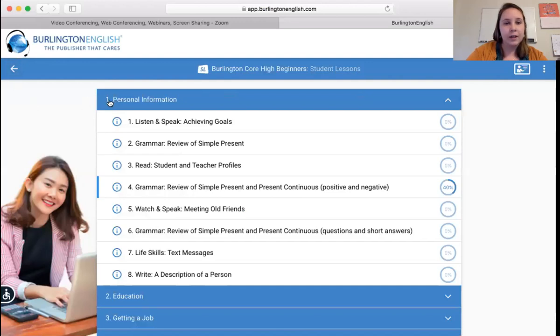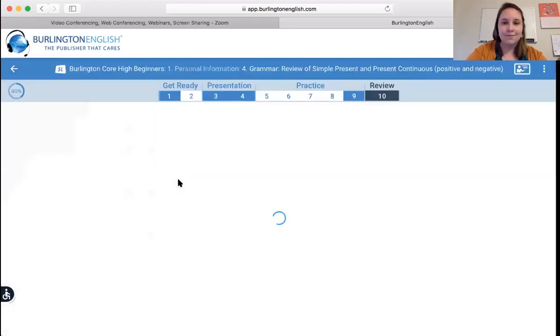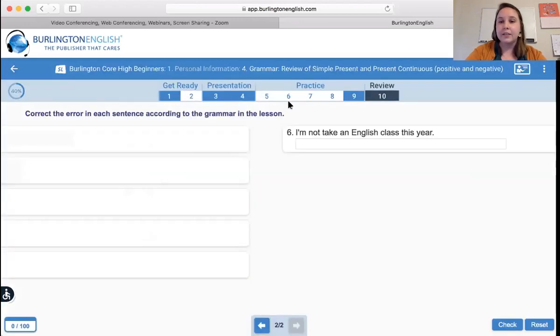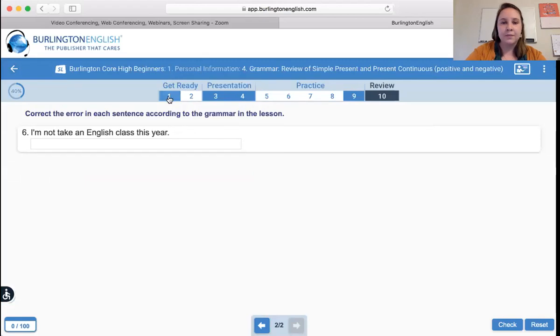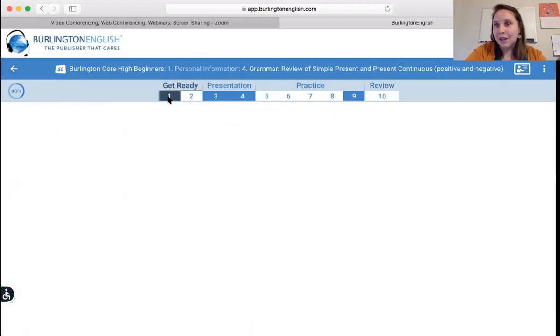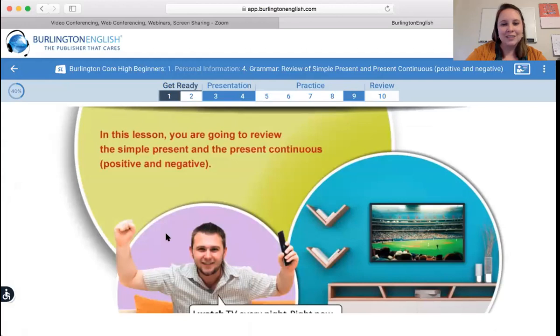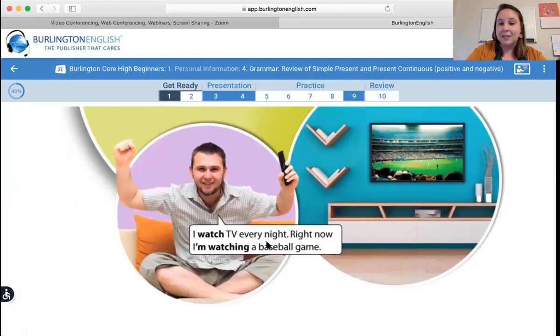We are in unit number 1, personal information, number 4, grammar. You have 10 different activities that go with this. The first one is just a page talking about what we're doing. It has the same example that we saw in the lesson. And then you're going to go through each of these activities for practice for homework.